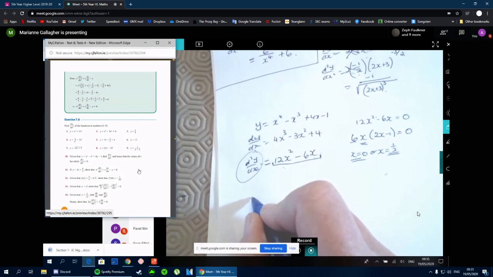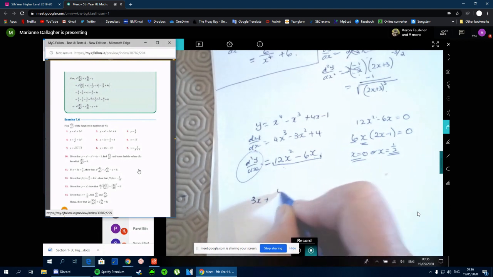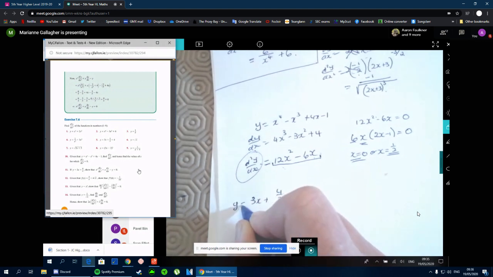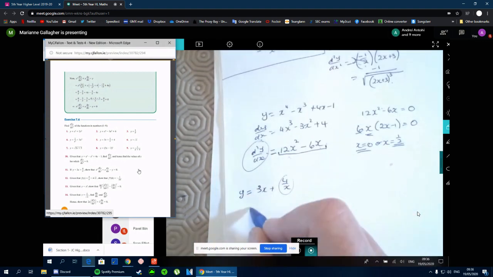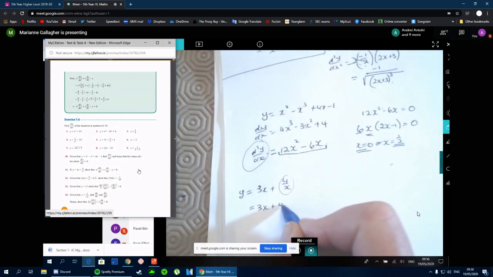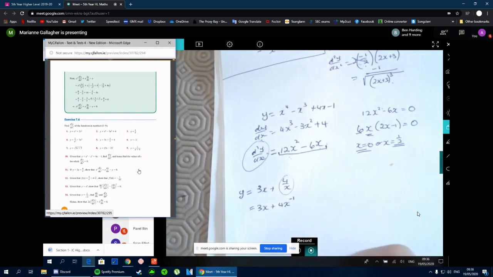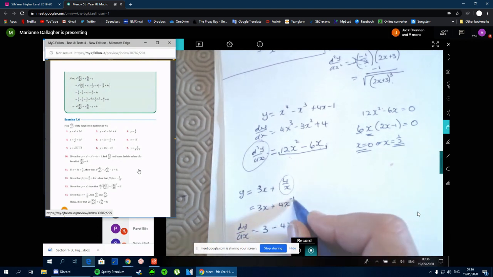Question 11, you have 3x plus 4 over x, that's y. This is not in the right form, so we change it. Then we get dy/dx using our normal rule. So bring down the power, take away 1. Bring down the power, that's minus 4, x to the minus 1 minus 1 is minus 2.